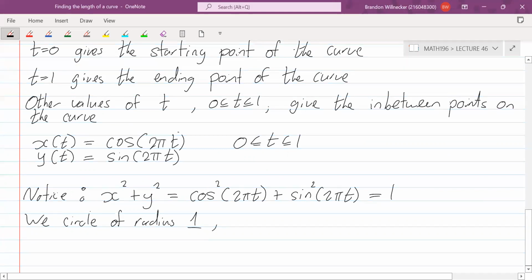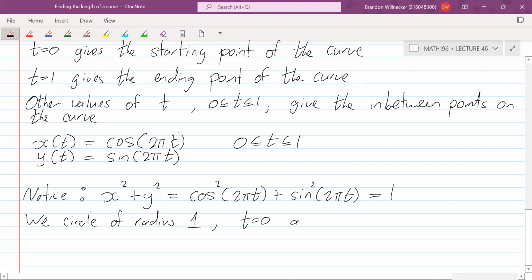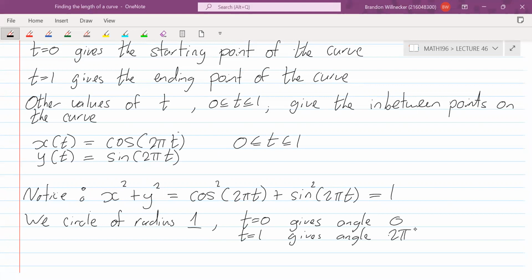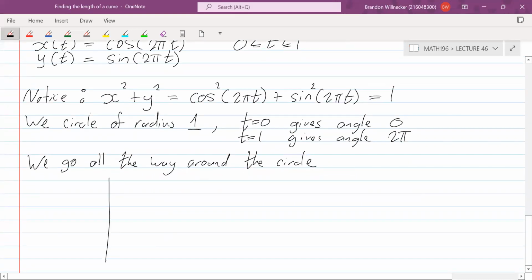Which is good. And if t is equal to 0, then that gives us our starting angle of 0. And if t is equal to 1, this gives us an angle of 2 pi. In other words, we go all the way around the circle. So in this case, we can do a little sketch.